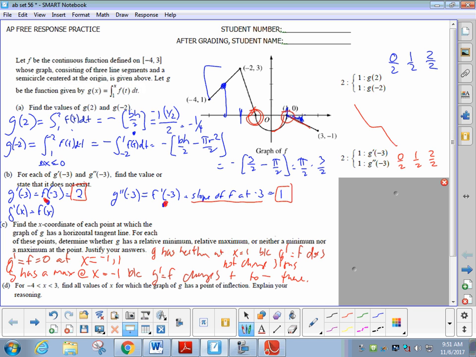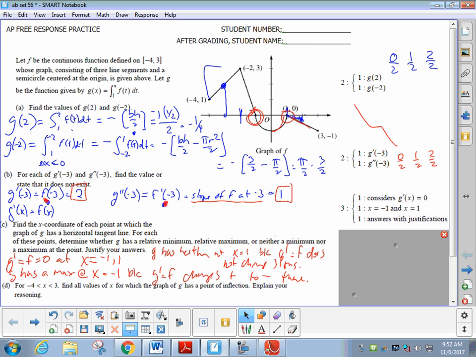Now, the first 2 points were solved, and the third point was the hardest point. This is a 3-point question. Considers G prime equals 0. Now, obviously that means considers G prime equals 0 on your paper, not in your mind. You thought, well, let's say I need to find where the derivative is 0. You need to show somewhere in your work G prime equals 0. If you don't have G prime equals 0, I'm considering where the derivative is 0, then you're not going to get that first point.